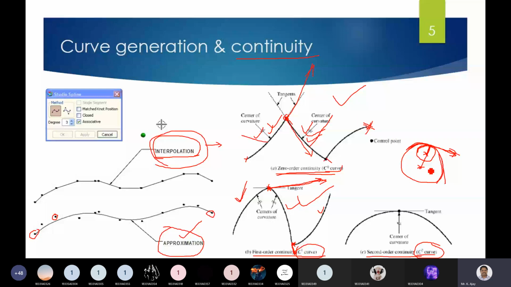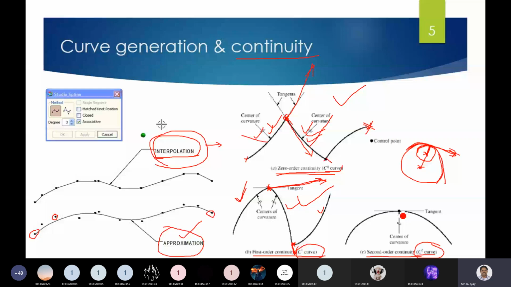So if you maintain the radius of curvature also the same for both the segments, then you get the next order continuity called C2 curve. So not only are the tangents the same, but the radius of curvature of the first segment at this point is the same as the radius of curvature of the second segment at the same point. So that is a C2 curve.